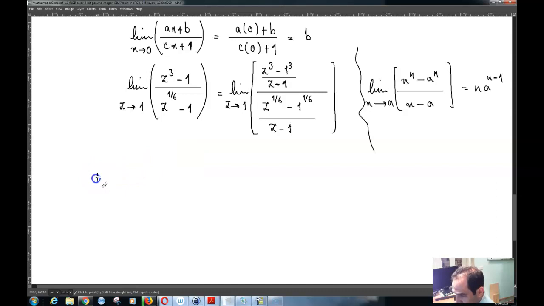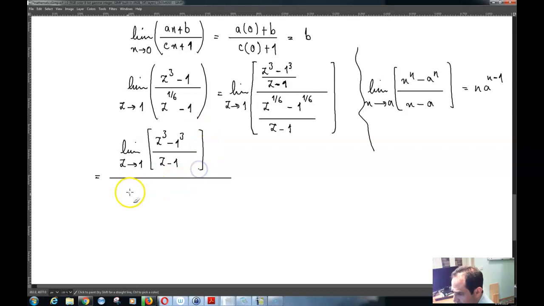So now I can write this as the limit of (z³ − 1³)/(z − 1) as z tends to 1, over the limit of (z^(1/6) − 1^(1/6))/(z − 1) as z tends to 1.